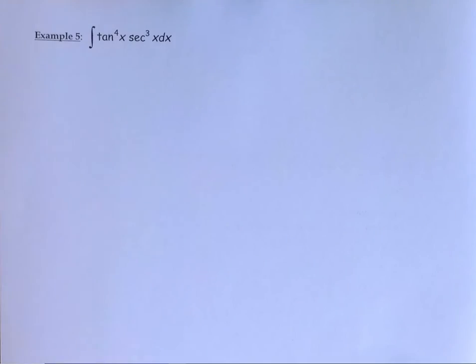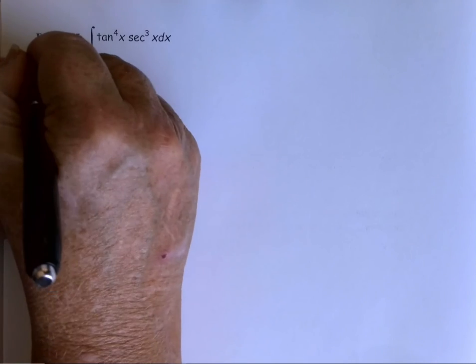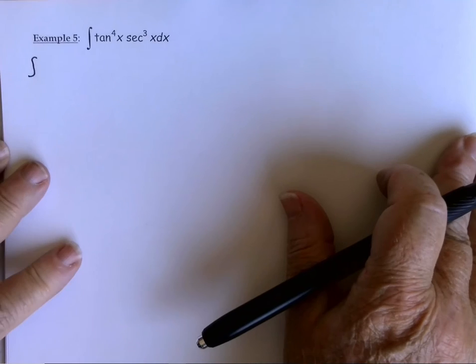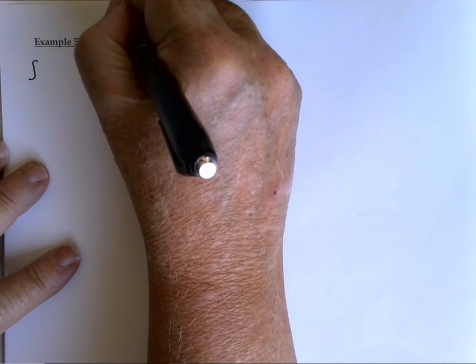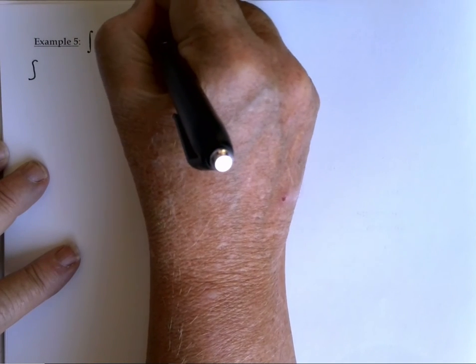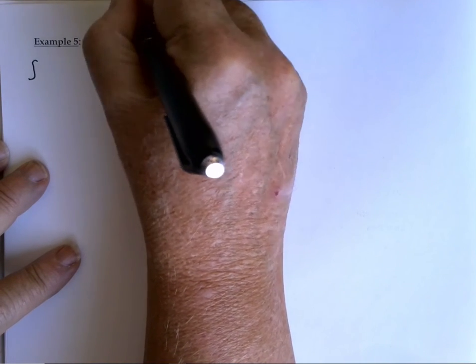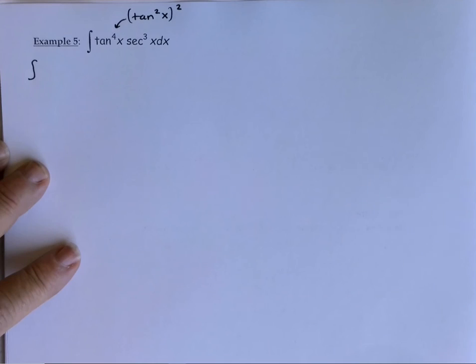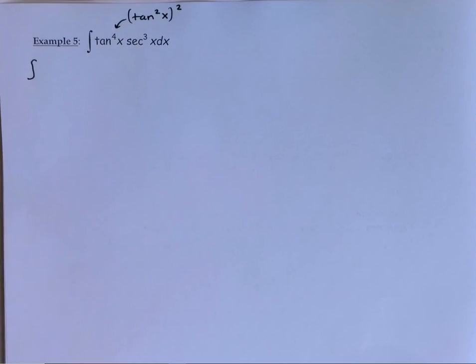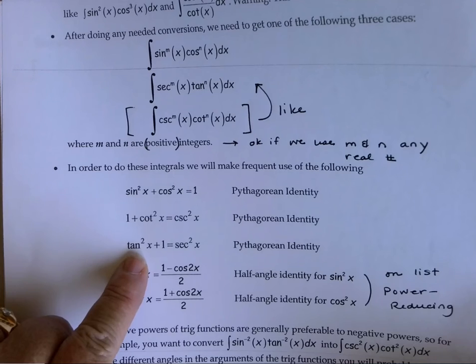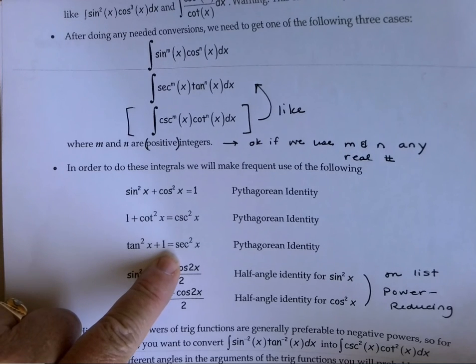So here we go. Got to get everything in terms of secant. So like we've done before, I'm going to think of this as tangent squared x to the second power. And then I'm going to replace using my Pythagorean identity. Tangent squared is secant squared x minus 1.